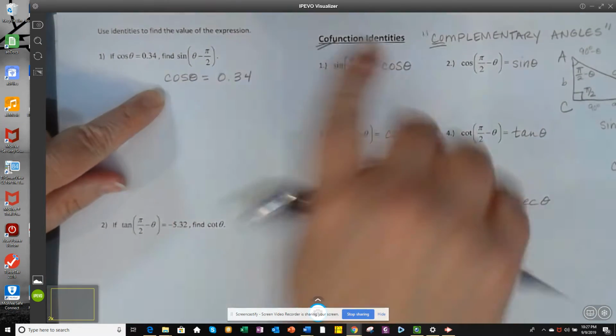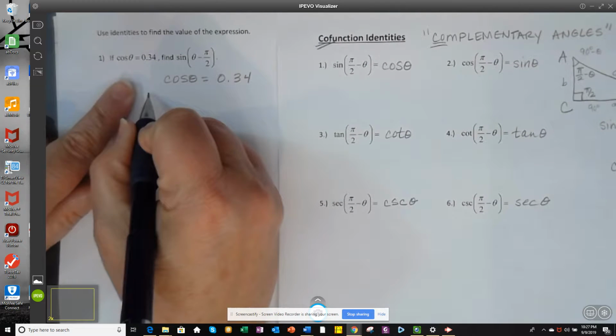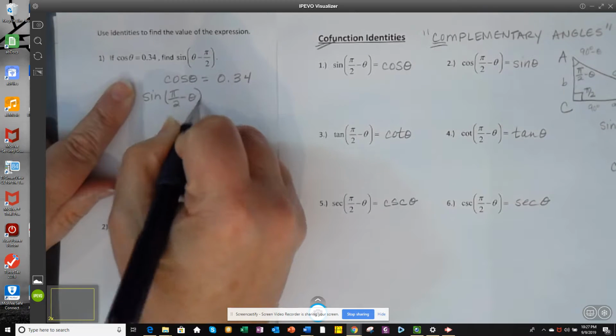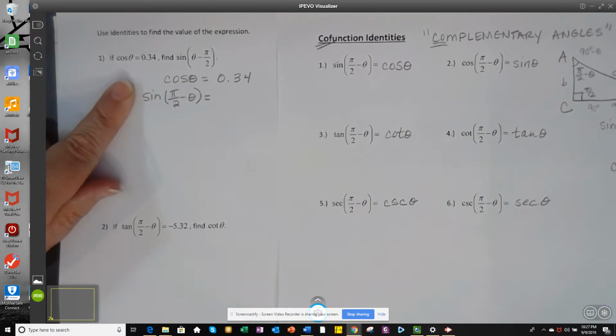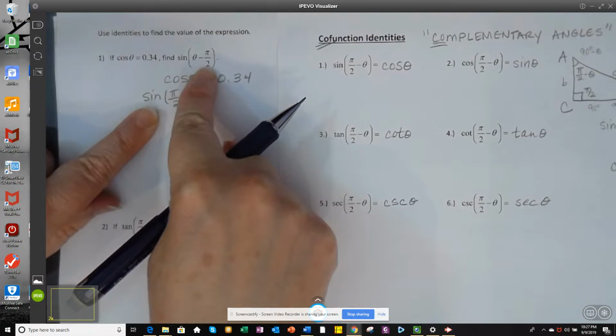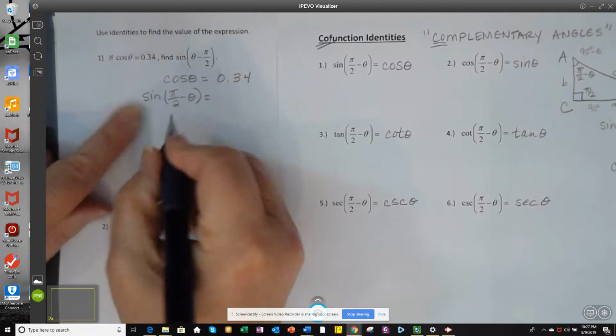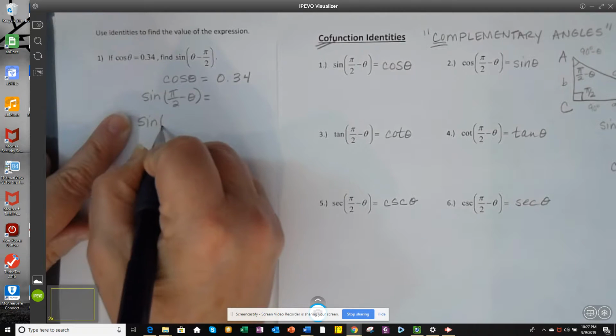I can make this identity help. So I'm going to say the next line is going to be sine of pi over 2 minus theta is equal to this. But that's not exactly what this is, is it? It's close, except what I need to do is factor out a negative.